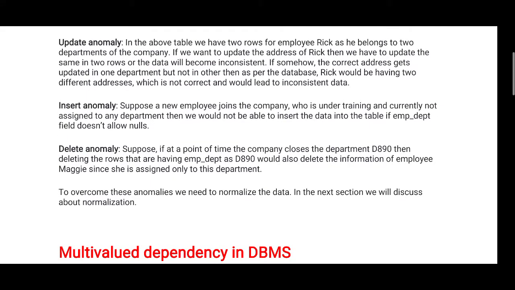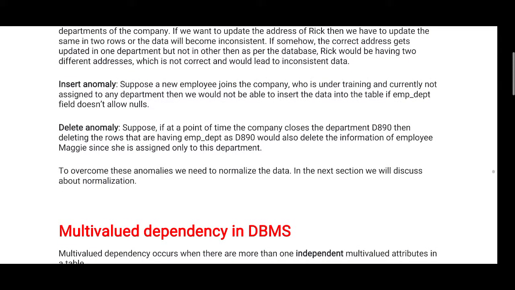Next one is the deleting anomaly. Suppose at some point of time the company closes a department, say department number 890.